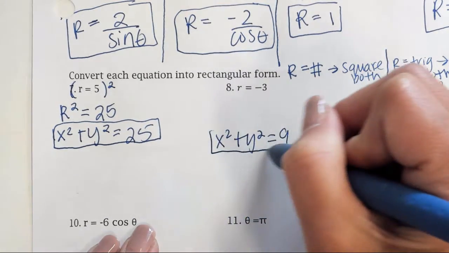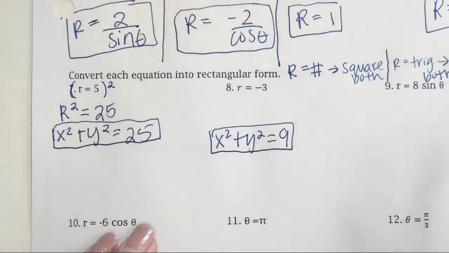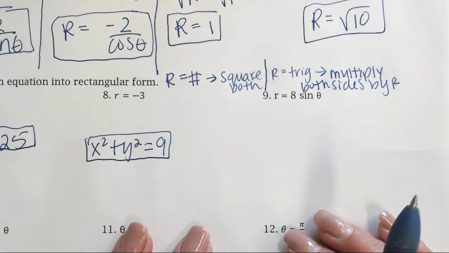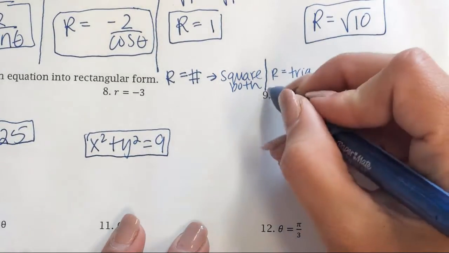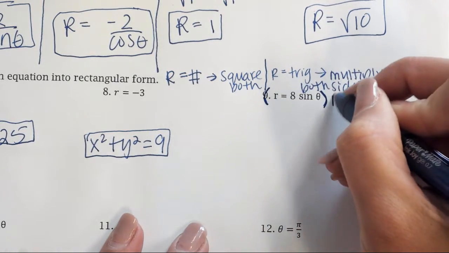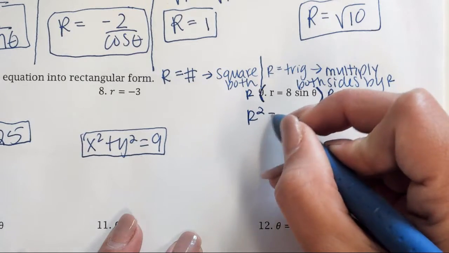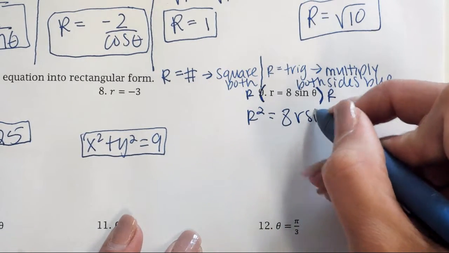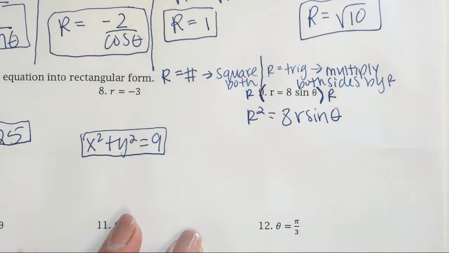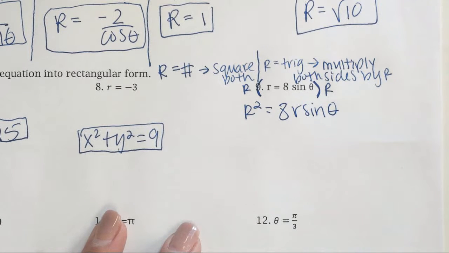Cool. Alright, next one. This is r equals something with trig involved, a sine, so we're going to multiply both sides by r. So on this side we have 8r sine theta. And there's a reason why I wrote r beside sine theta, so you can remember that r sine theta is the same thing as what?